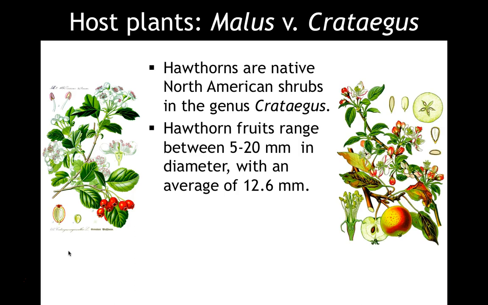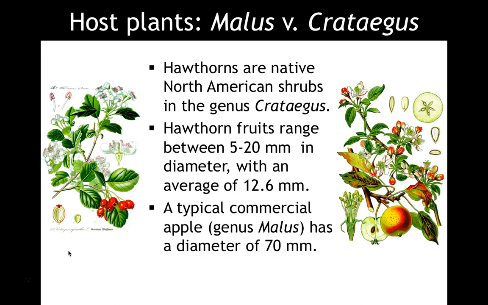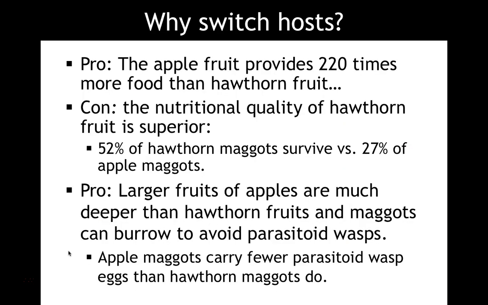Obviously, hawthorn fruits are much smaller than apples, which are much larger. And it was suggested even in the 1800s that this was a case of a new species arising because of switching in hosts. So this was a new host form, and this change in ecological usage was central to the formation of this new species.